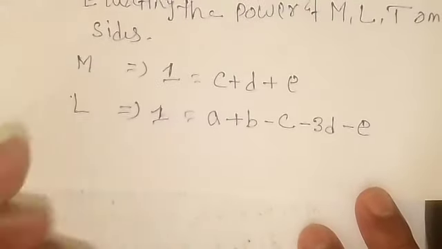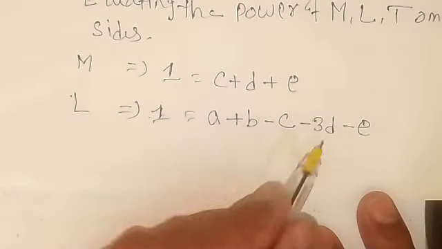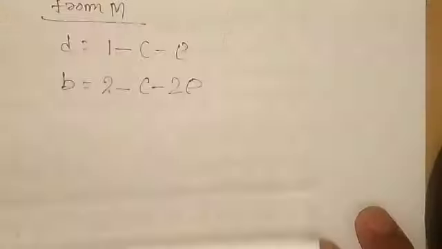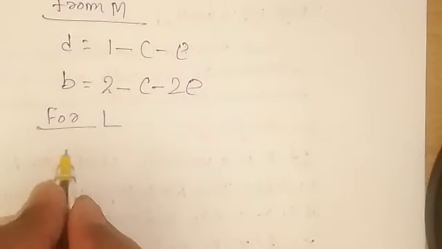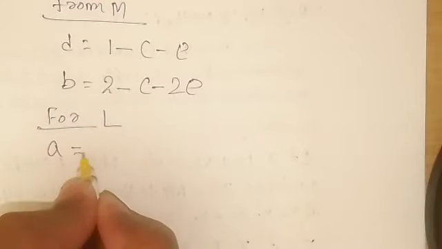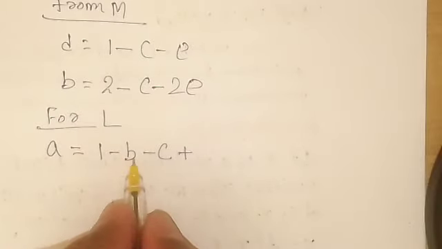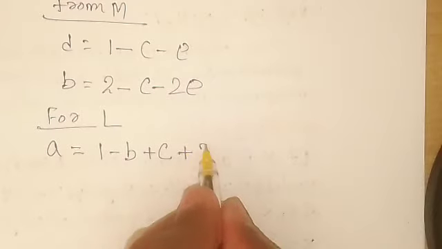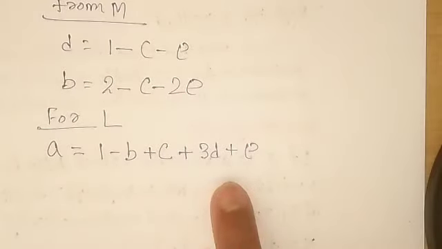From this L equation, a is equal to 1 minus b plus c plus 3d plus e. Already you know the b and d values, so we will substitute them and simplify. So for L, a is equal to 1 minus b plus c plus 3d plus e, am I right? Right. Now we substitute.